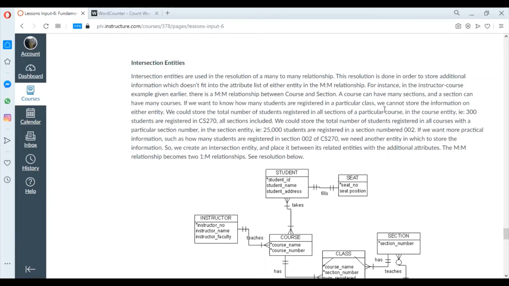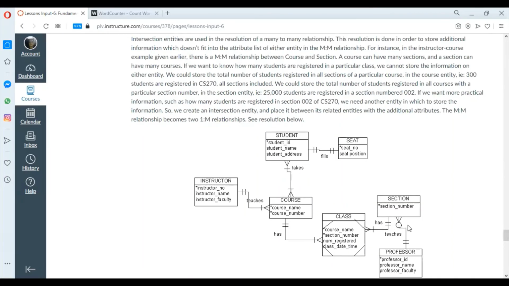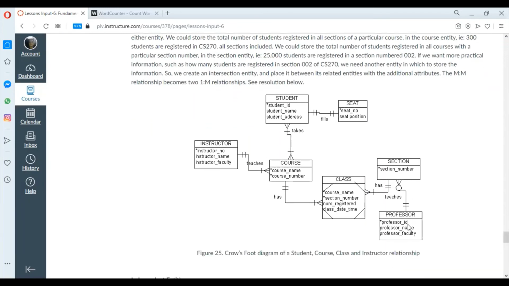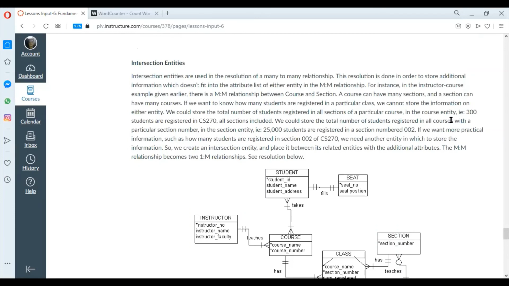So we will look at an example. A course can have many sections and a section can have many courses. If we want to know how many students are registered in a particular class, we cannot store the information on either entity. We could store the total number of students registered in all sections of a particular course in the course entity. 300 students are registered in CS270, all sections included.